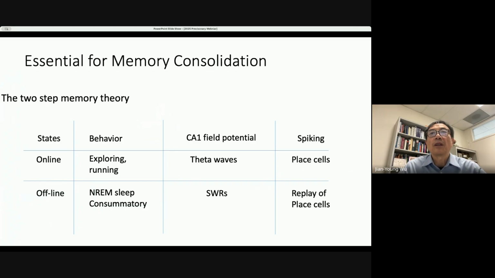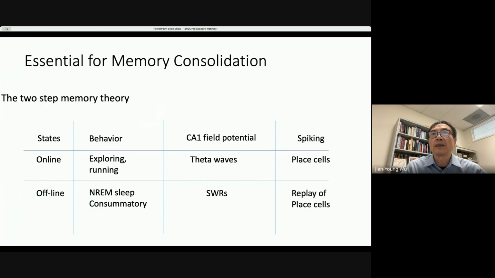And during those sharp waves, the sequence of the place cells will reoccur. The sequence means if you go to an IKEA store, first you start in the kitchen section, and then to the bed section, and then to the office section, right? So their neurons will register your location in the IKEA store, and your sequence from the kitchen, bedroom to office area.